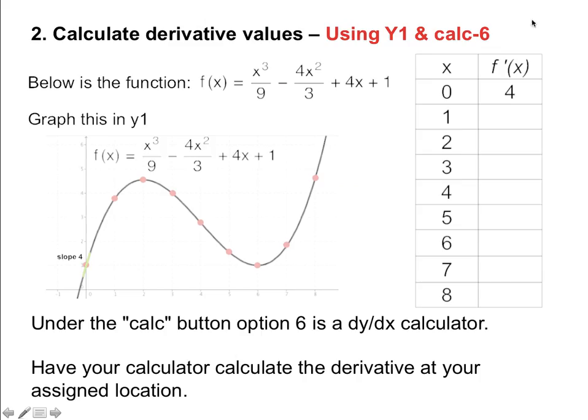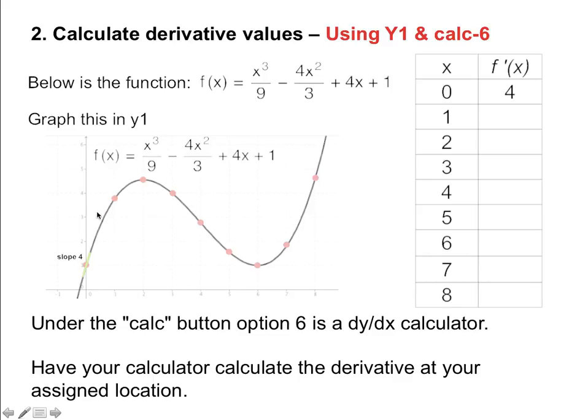So let's talk about a second way to calculate the derivative, and this is inside your grapher. In y1, we're going to put this function, so go ahead and enter this function.